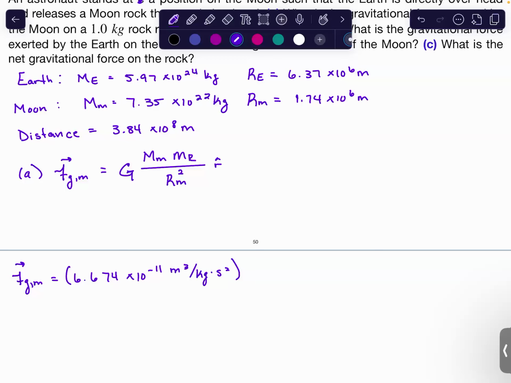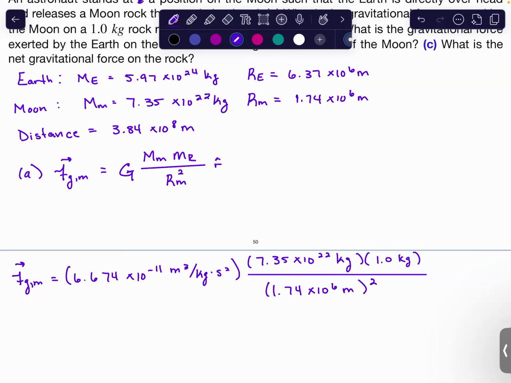Mass of the moon, 7.35 times 10 to the 22nd kilograms. Mass of the rock, 1 kilogram, over the radius of the moon, 1.74 times 10 to the 6th meters.